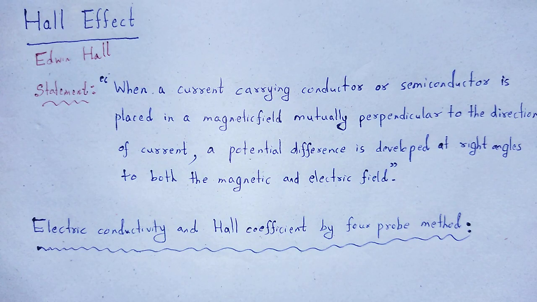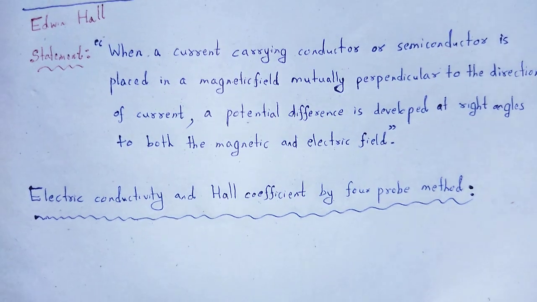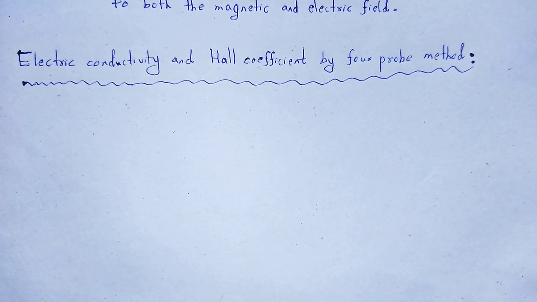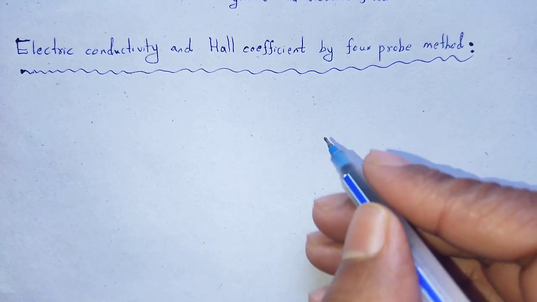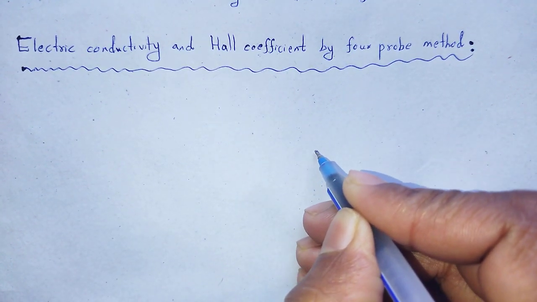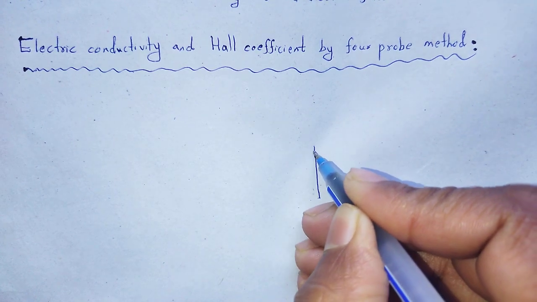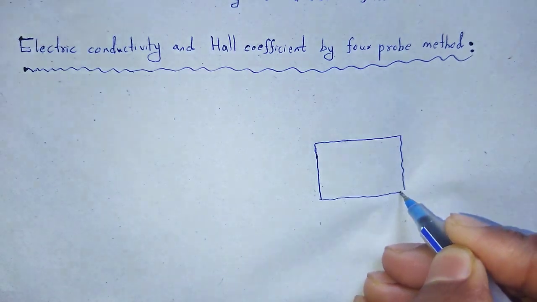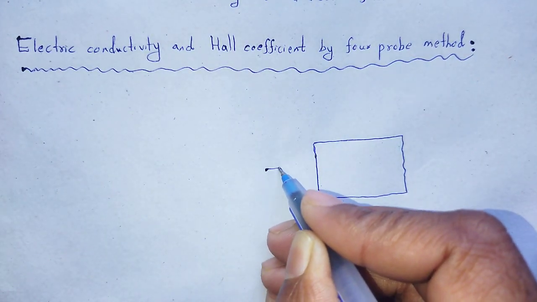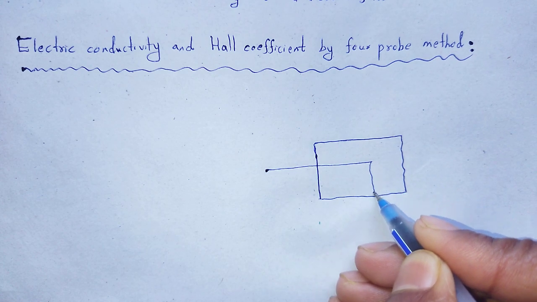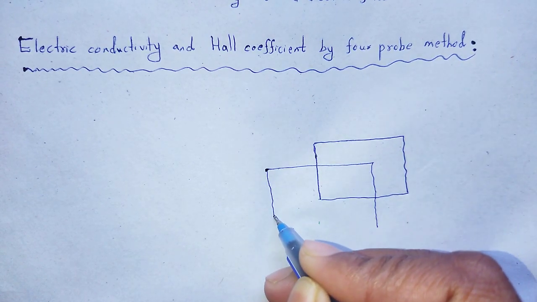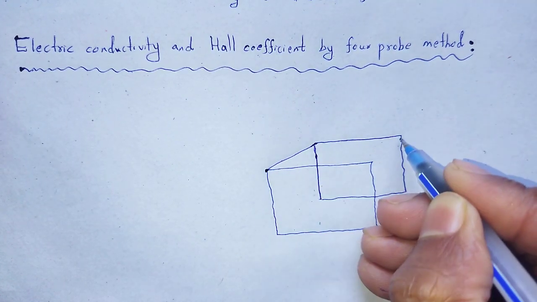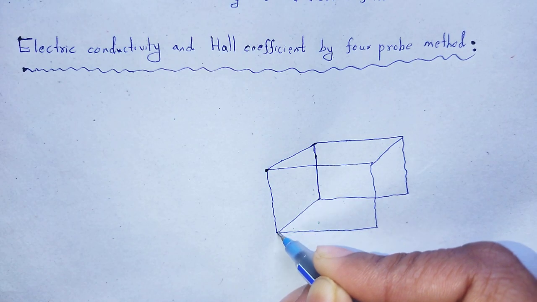Let us consider a rectangular semiconductor slab, which has a linear arrangement of 4 probes. This is a rectangular semiconductor slab.